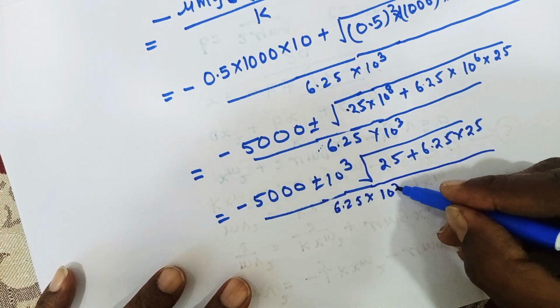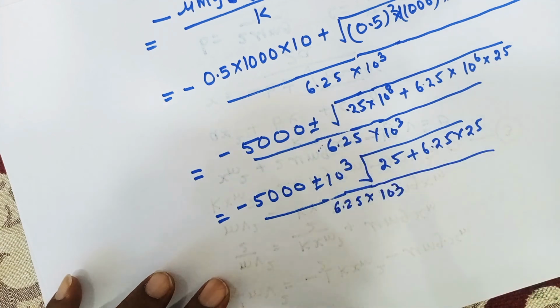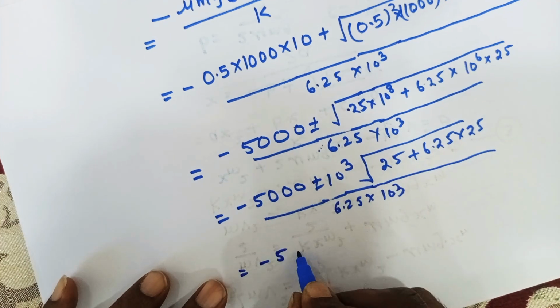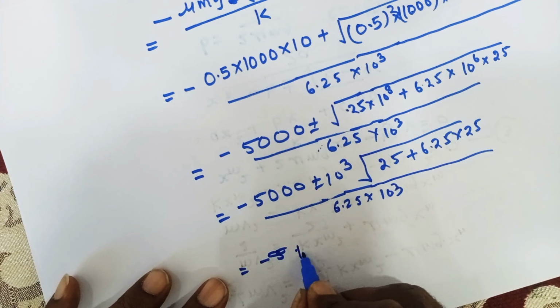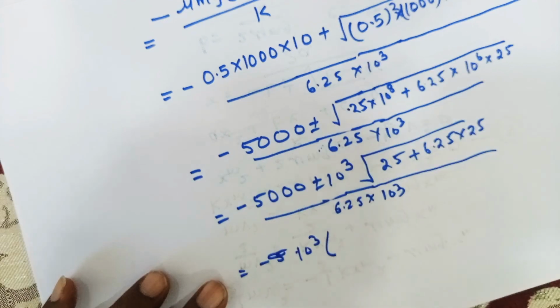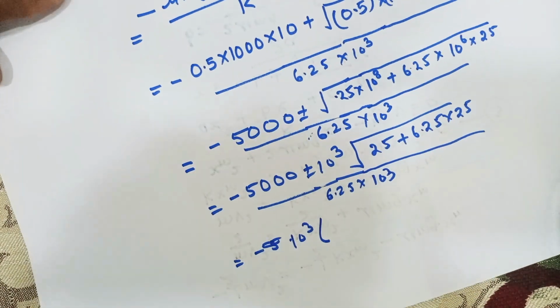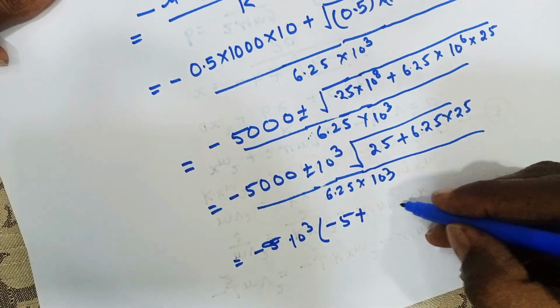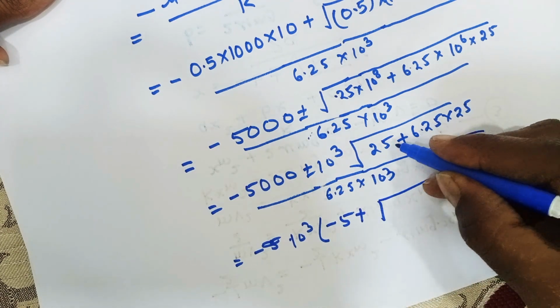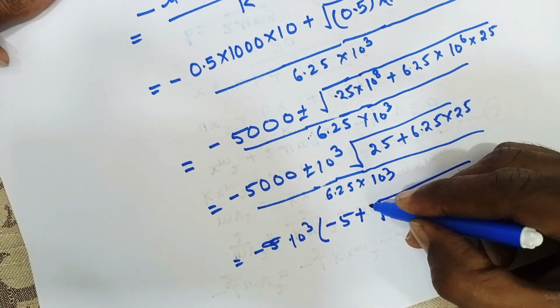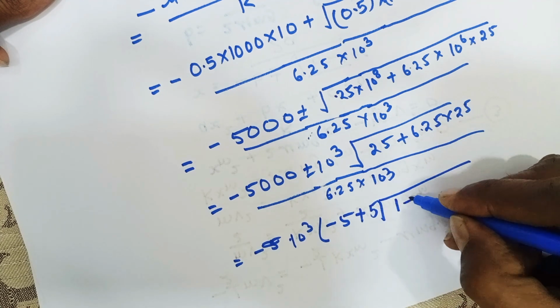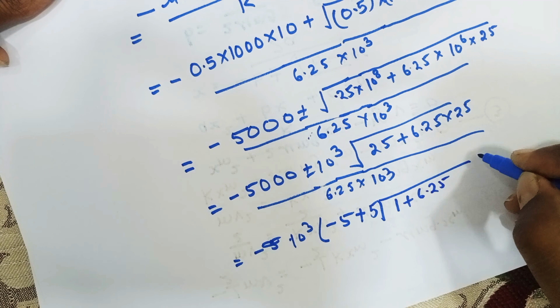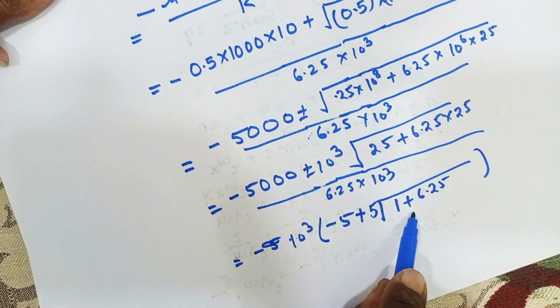Again you can solve that. 10 to the power 3 is common, so we can take 10 to the power 3 common, and then it will become minus 5 plus root of 25, and in this 25 we can take common, so 5 will be here. It will be 1 plus 6.25, bracket close.